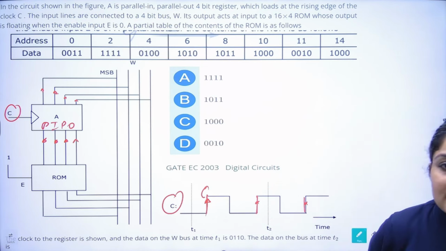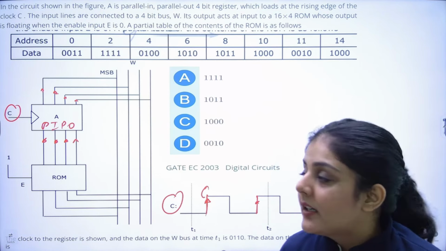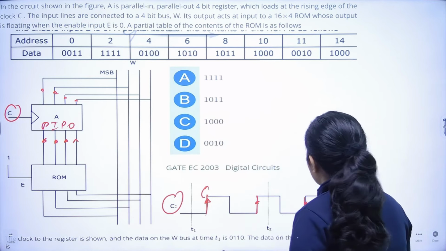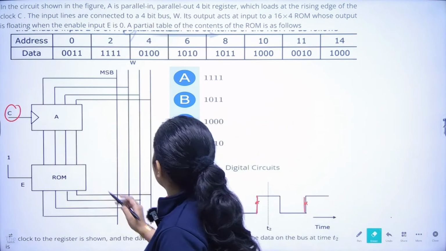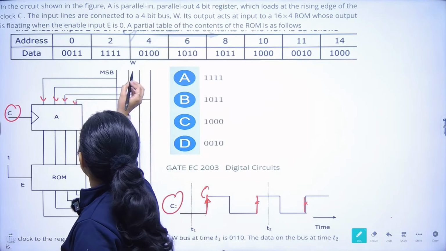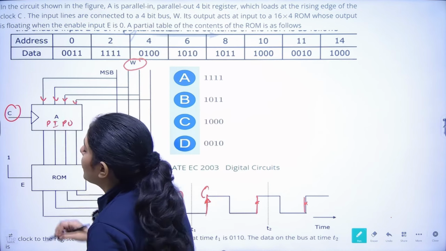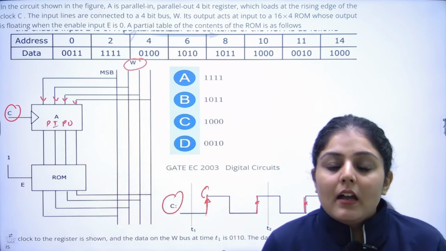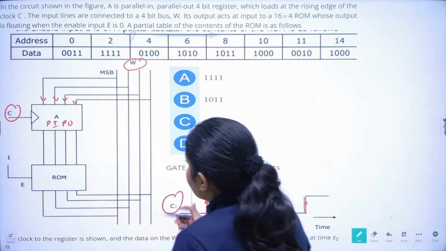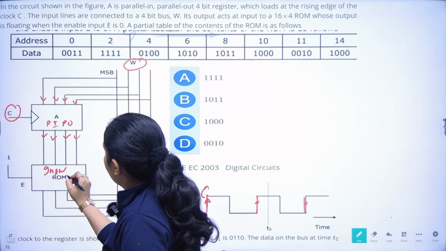Next it says that the input lines are connected to a 4-bit bus W. So this is the input. I have drawn it a little wrong. This is your bus W, and the input lines of this parallel in parallel out register are connected to the bus W. The output of the register acts as the input to the ROM.